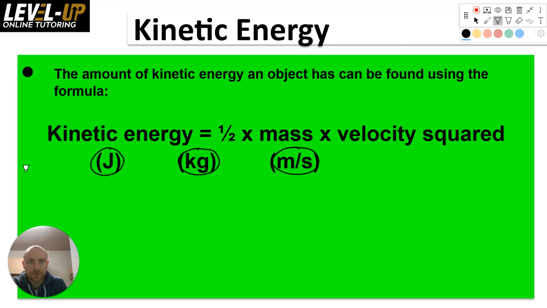You also need to make sure that if they're not in those units, you transfer them. You change them into the units here. So if they're prefixed, as we talked about in the first video, you need to transfer these into joules, kilograms, and meters per second.